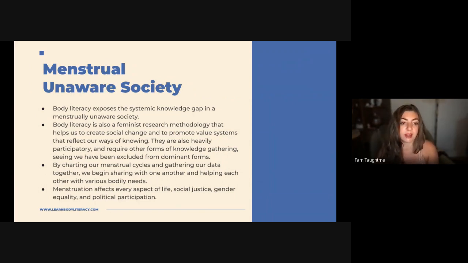And it may require other forms of knowledge gathering that's different from the dominant forms. For instance, if you bring your menstrual chart to a gynecologist, they may not even know how to read it. And so by charting our cycles and gathering our data, we begin sharing with one another and helping each other with various bodily needs. And so menstruation affects every aspect of life, social justice, gender equality, and political participation.